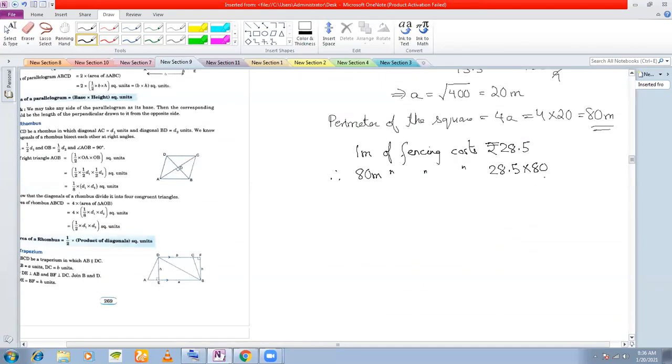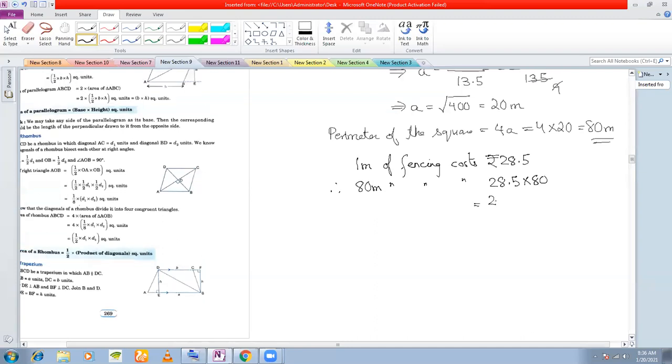Let us find out how much this is. This is equal to 285 by 10 into 80. So that 10 will cancel here, and you get 285 into 8. If you multiply, you get rupees 2280. And that is the cost of fencing.